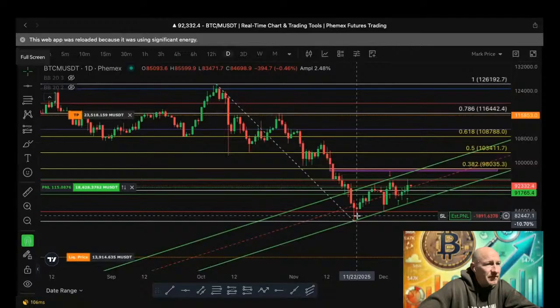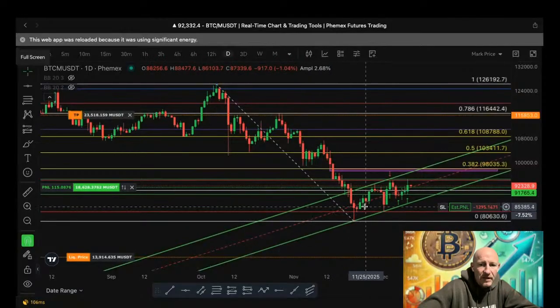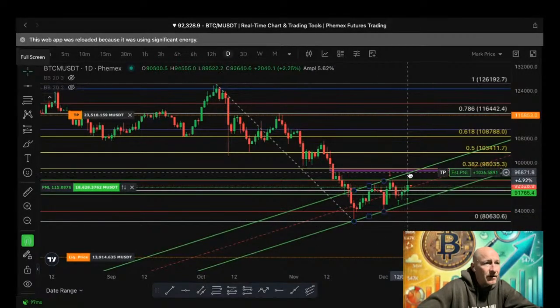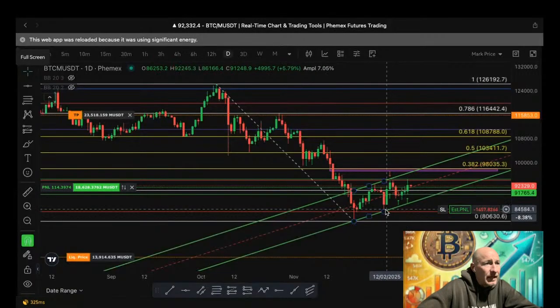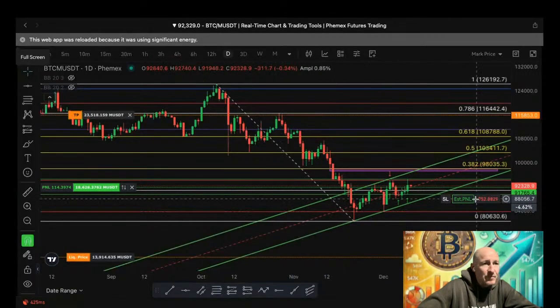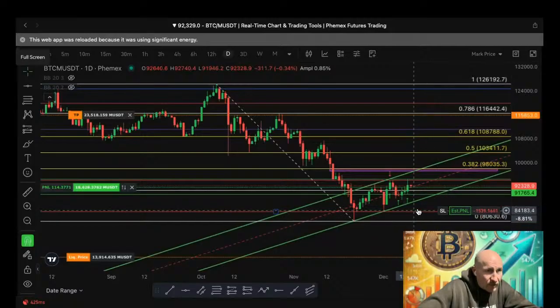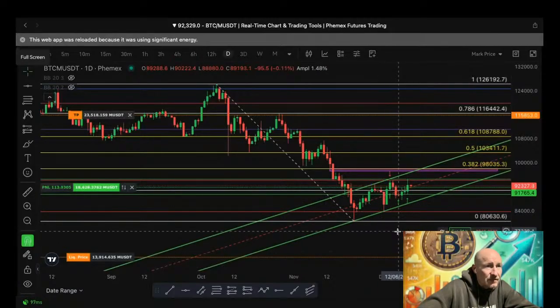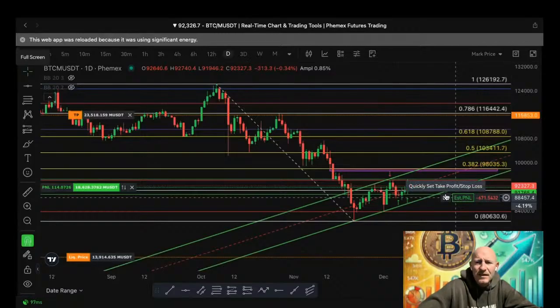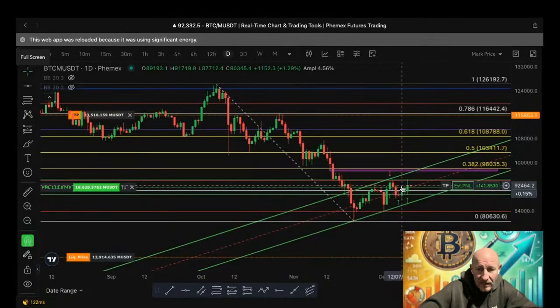So as you can see from here to here, where we're at in price, the white is the 0.236. So it goes from 0.236 to 100%.